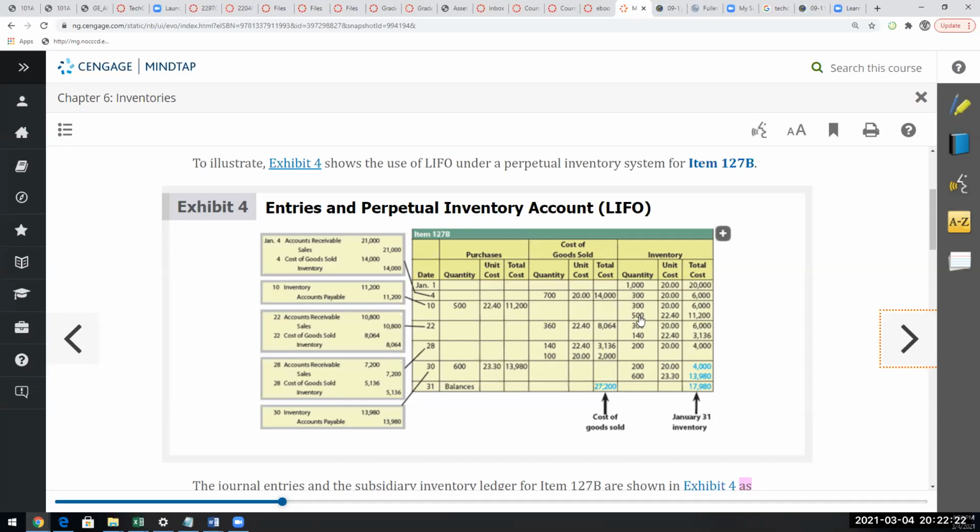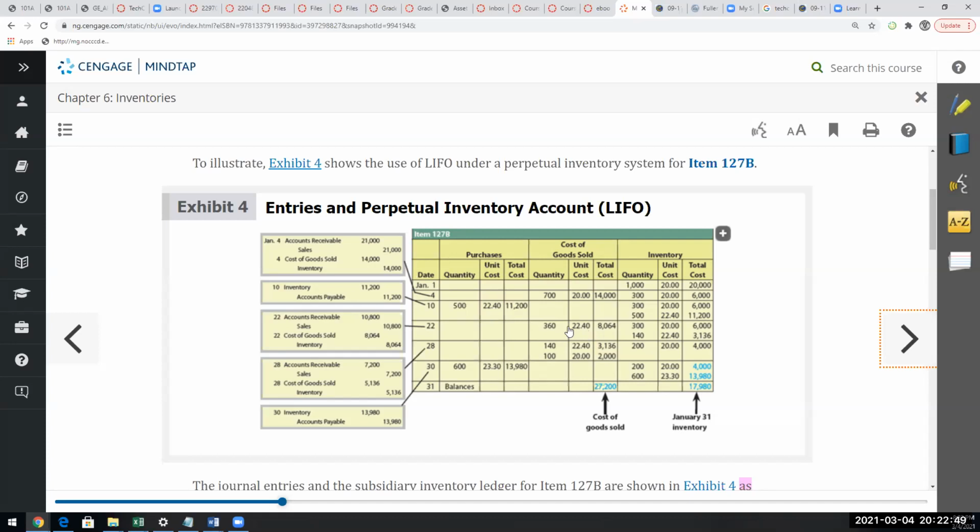That 140 came because you started with 500 and you sold 360 from the last in is the first stuff that's going out. So you got 360 of this is gone for 140, but you still have all the oldest stuff still. So there again, 360 times that, we have a different cost of goods sold number now, because we are using the most recent purchase with LIFO is gone.